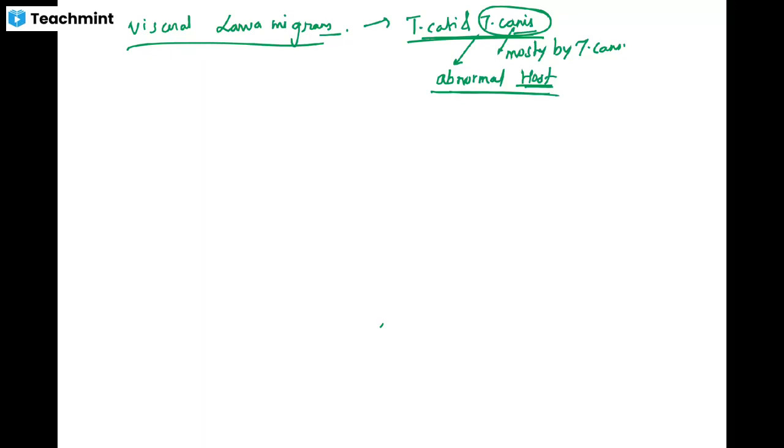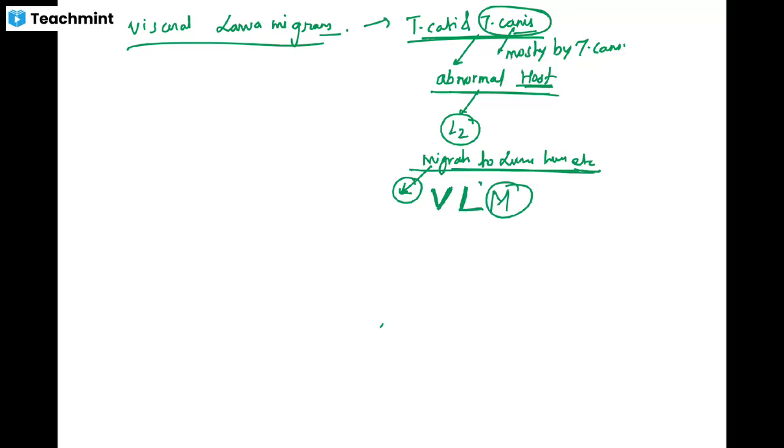So what happens? It hatches inside that host and L2 migrates to lung, liver, and other organs. And through this migration, these are the visceral organs. So larva is migrating in visceral organs. That's why it is visceral larva migrans.